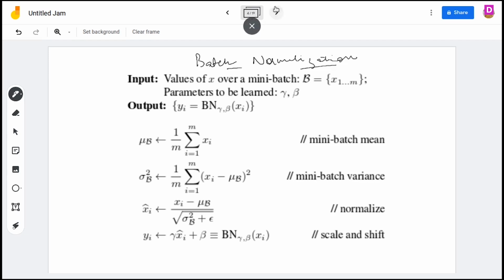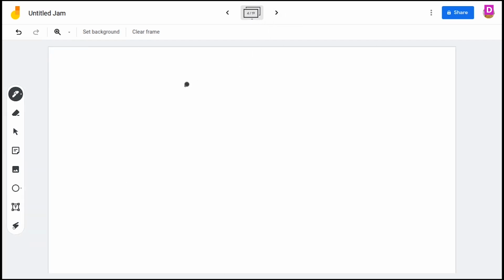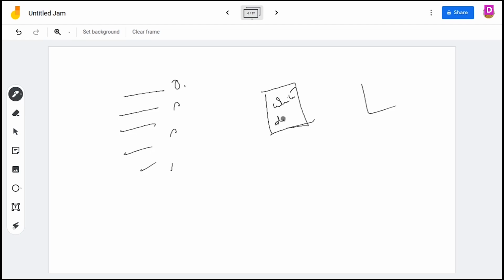When you are inputting data, one data might be very different from another. Let's say you have a picture of a white dog and you are doing some classification. This is in training. Let's say your model is totally trained on white dogs, but you get a black dog.